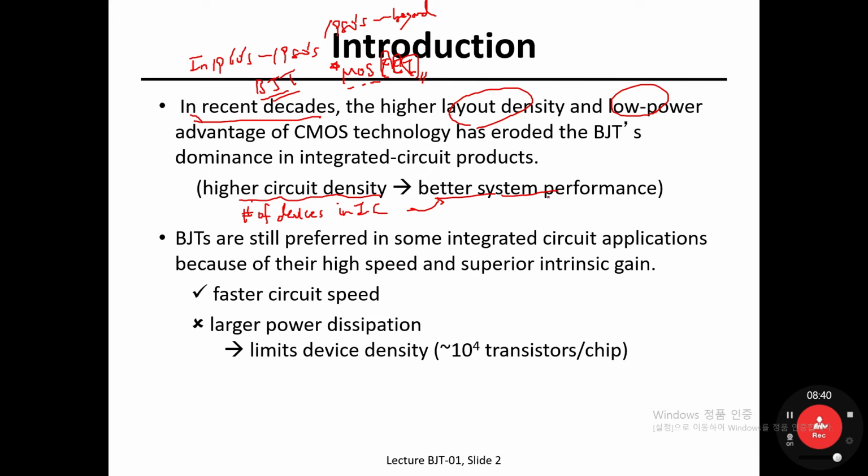That's very straightforward. For a given chip area, if you plug in more transistors, be it BJT or MOSFET, any type of transistor integrated together for a limited area, then you may expect much better system performance.